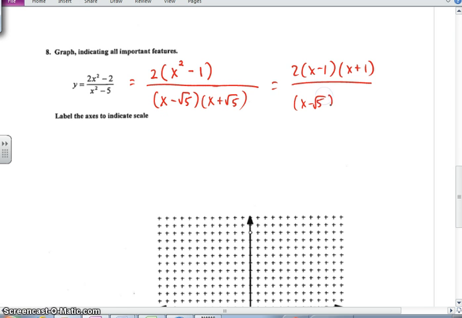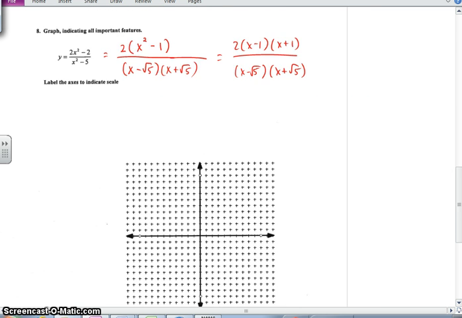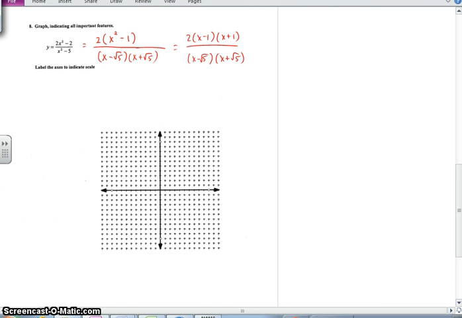Now, I can see that there are no holes. I can see that I have vertical asymptotes at x equals root 5 and negative root 5. Root 5 is between 2 and 3, a little bit closer to 2. So I've got this asymptote, and I've got this asymptote.